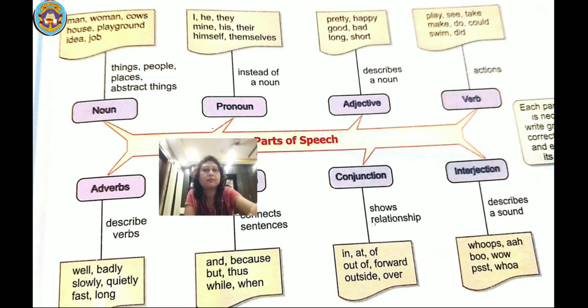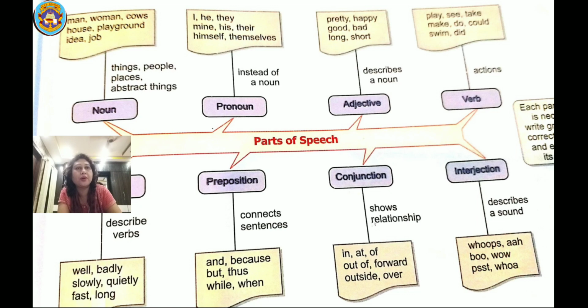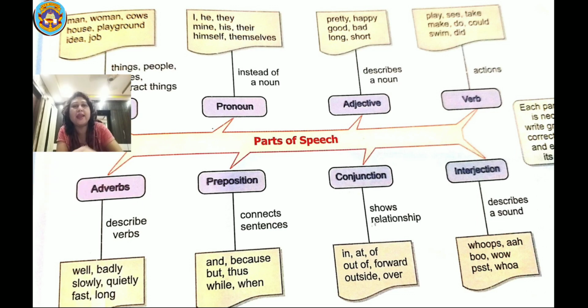Then we have verb. Okay, verb means which describes an action. So play, see, take, make, do, could, swim, did, all these will come under verb. Then next one we have is adverb, which describes verbs: very well, badly, slowly, quietly, fast, so all this describes a verb, so that comes under adverbs.